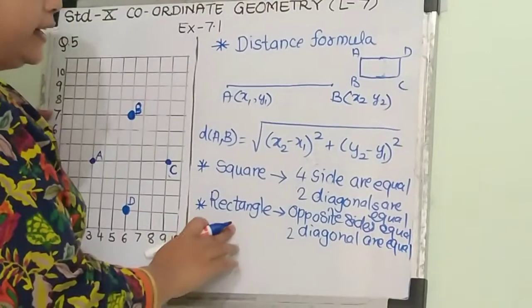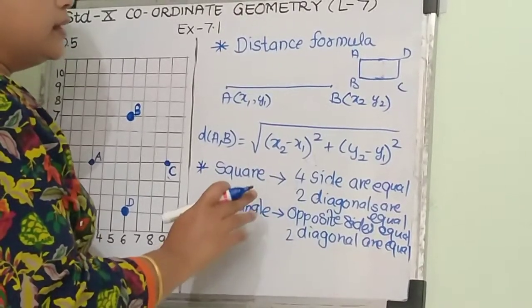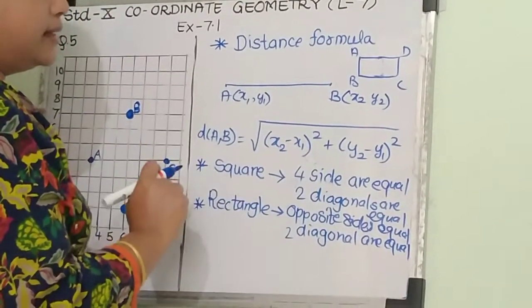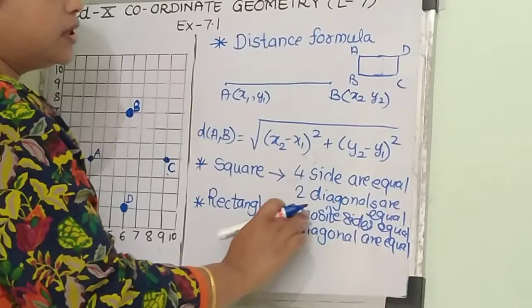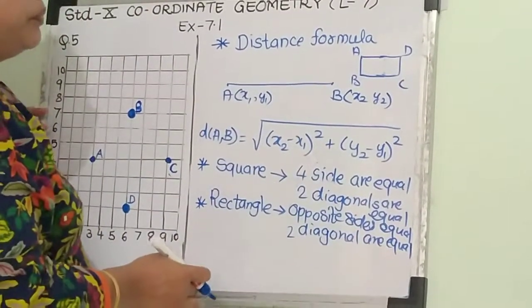So for the rectangle we get two pairs of opposite sides equal and one pair of diagonals equal.